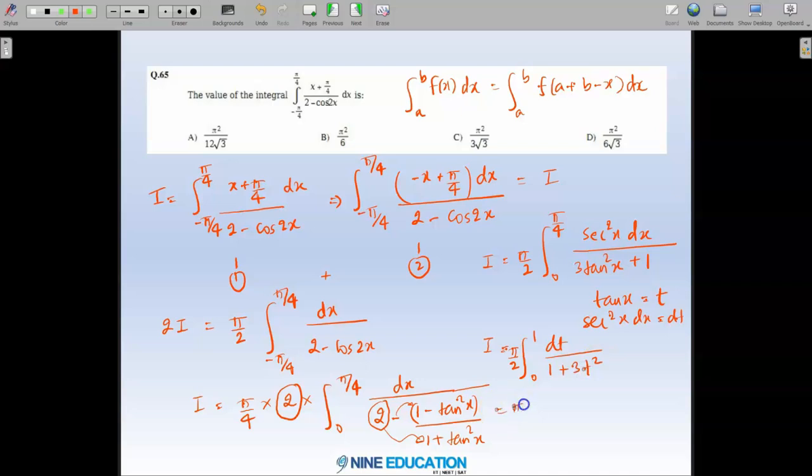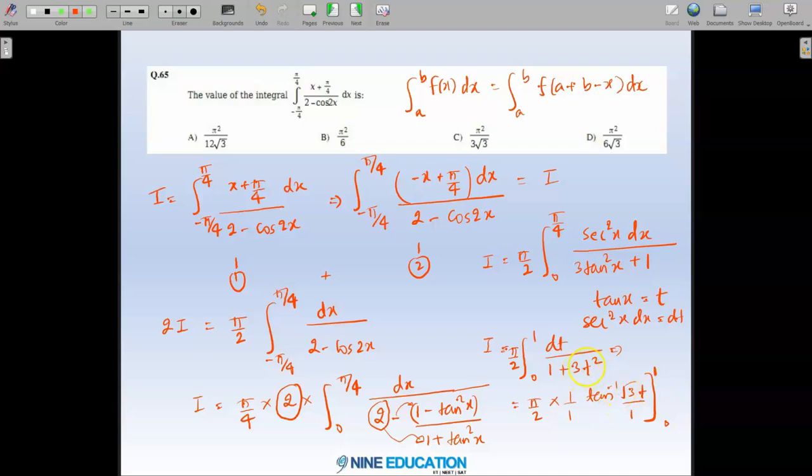I can write this entire thing as 1 by 1 tan inverse of root 3t by 1, with limits from 0 to pi by 4, which we converted already to 0 to 1 in the form of t.